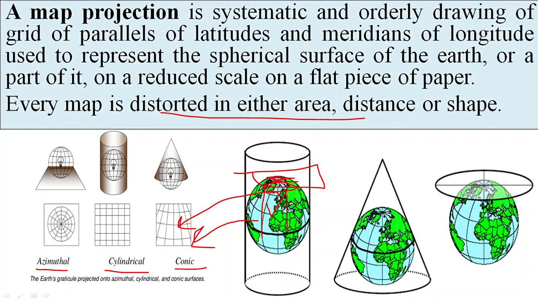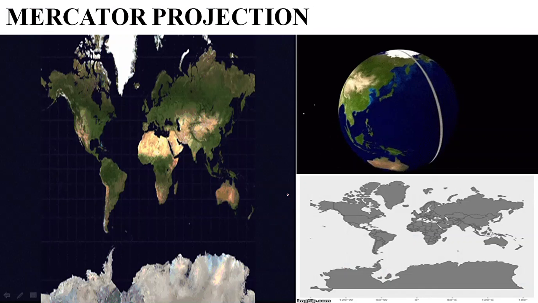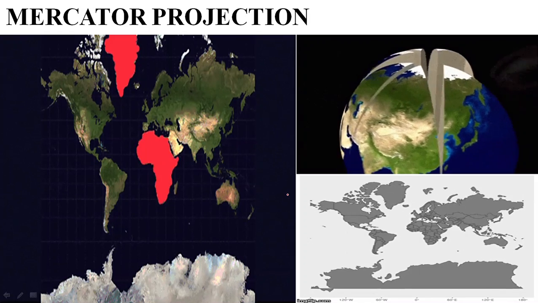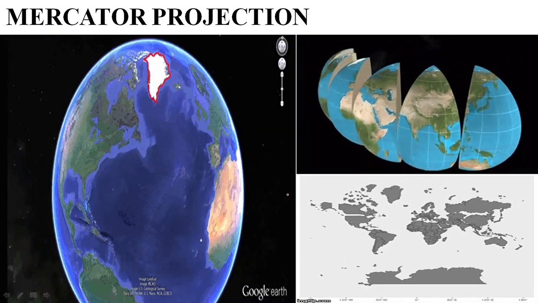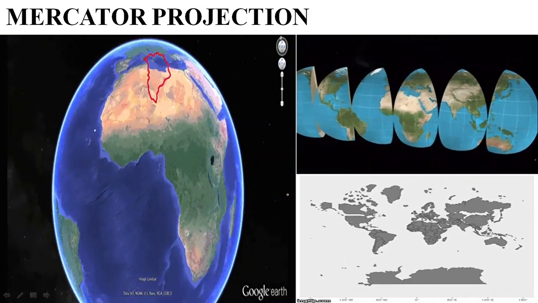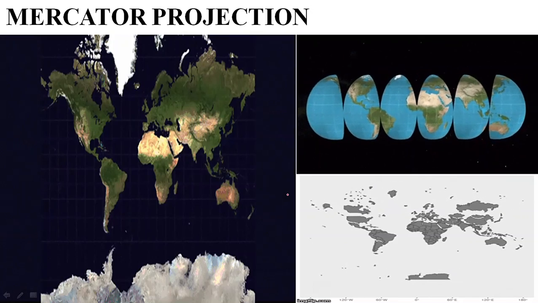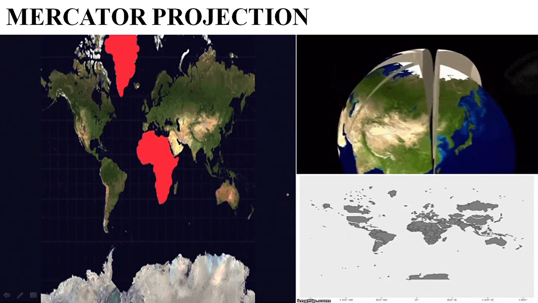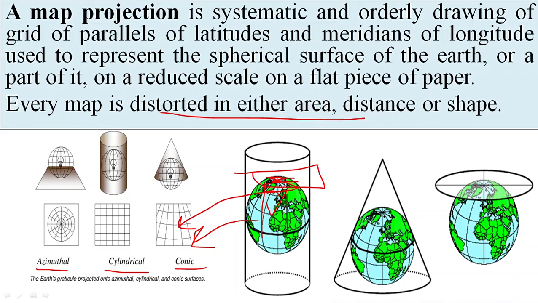Talking about the Mercator projection that we mentioned earlier in this video, that is basically used in world maps, and that is a cylindrical projection. So we mold the earth's surface into a cylinder, and that is used by Mercator. In 1569 he introduced the Mercator projection to the world, and it is distorted too. Like I said, all maps are distorted either in area, distance, or shape.